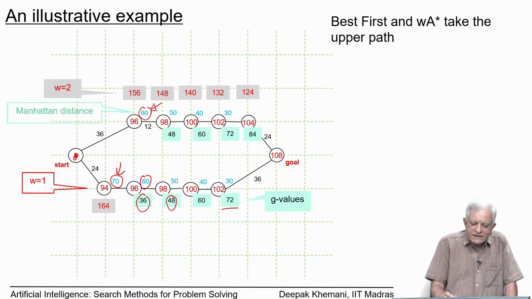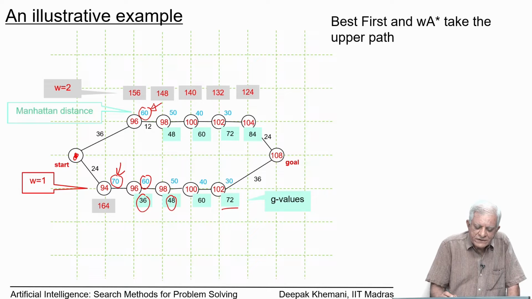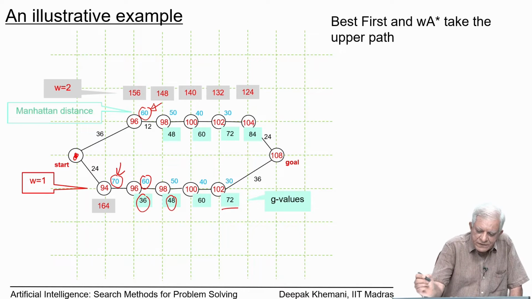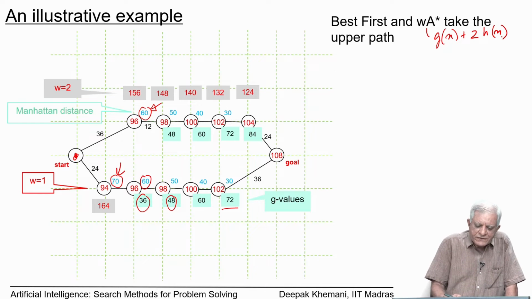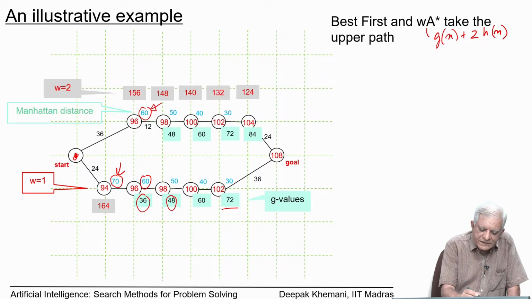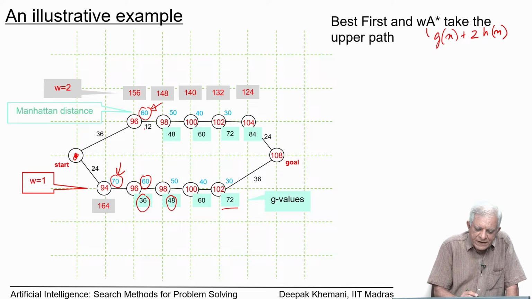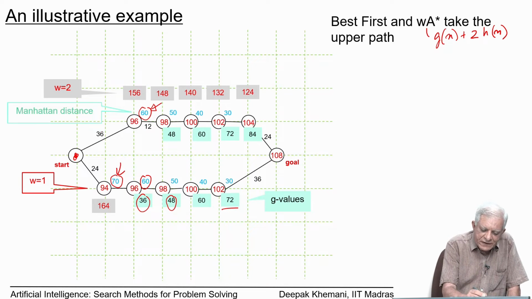When we use weighted A star, we are using the formula g of n plus 2 times h of n. So, if you look at the first node that both of these algorithms inspect, on the top path the h value is 60 and the g value is 36 because the length of that edge is 36.